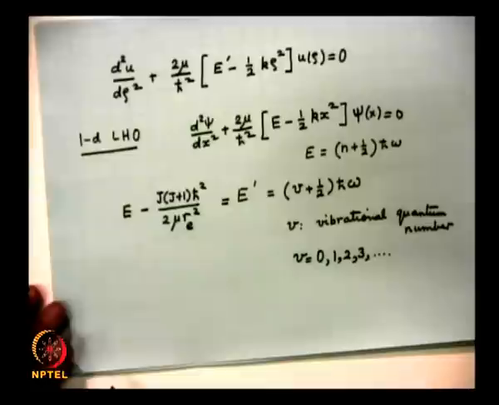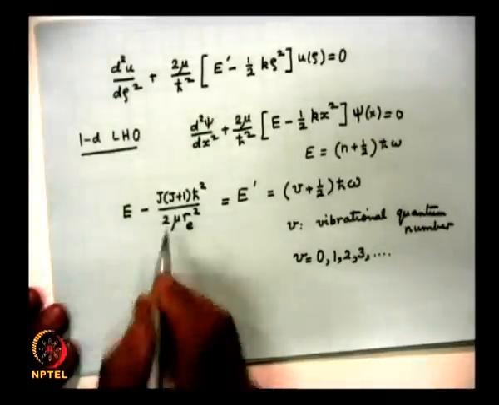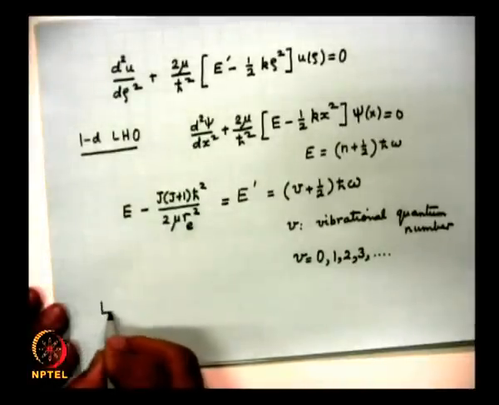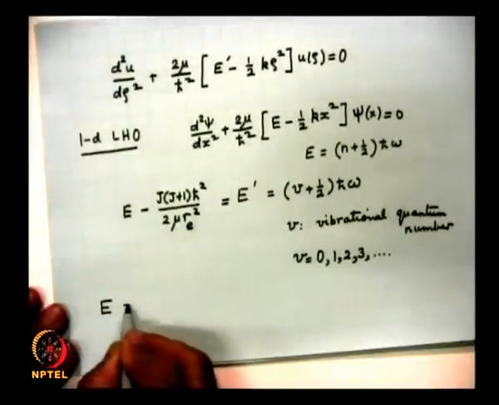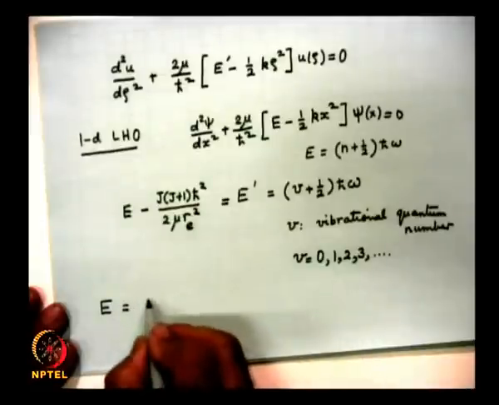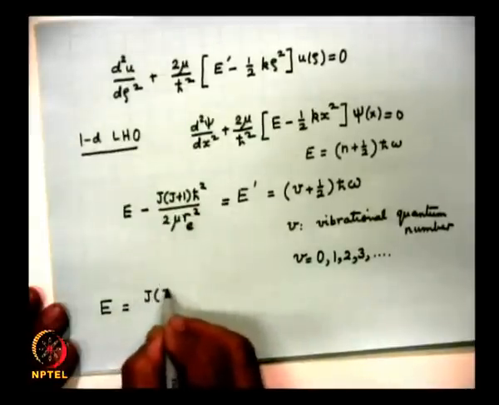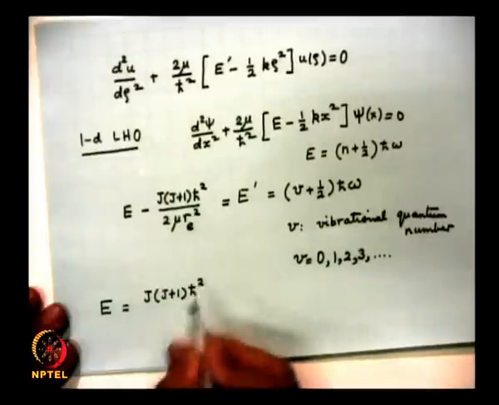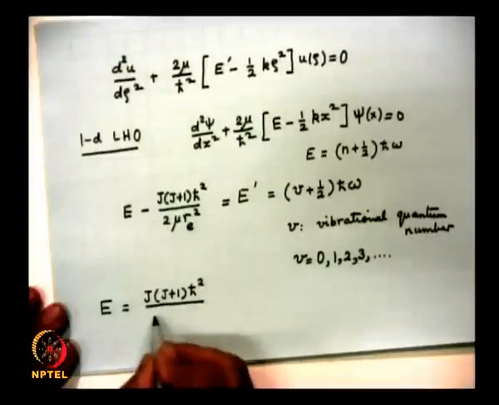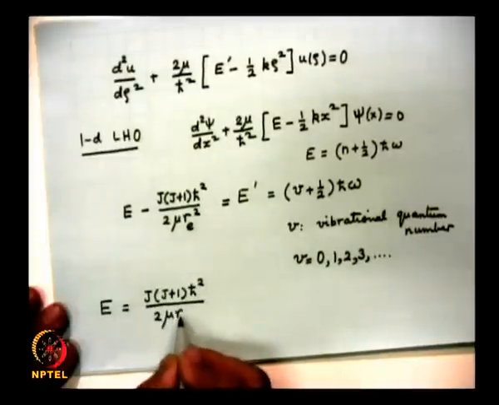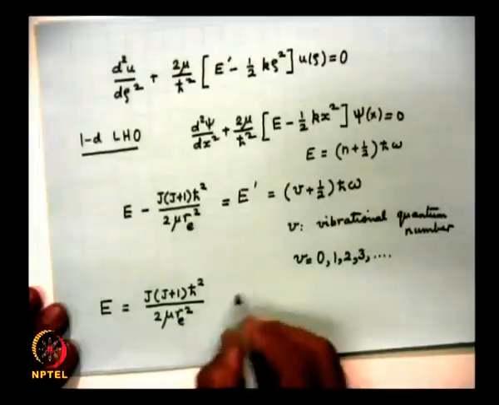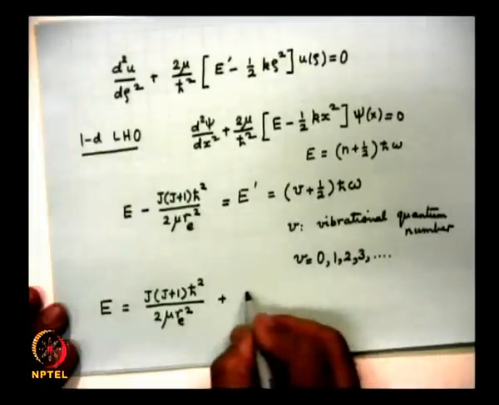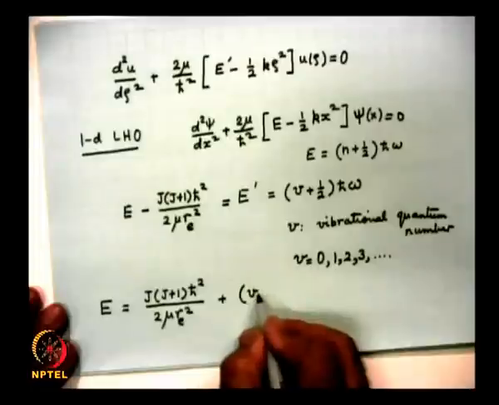So, the energy of the diatomic molecule will be represented as E as the rotational energy because of its angular momentum, j into j plus 1 h cross square by 2 mu Re square, plus the vibrational energy.